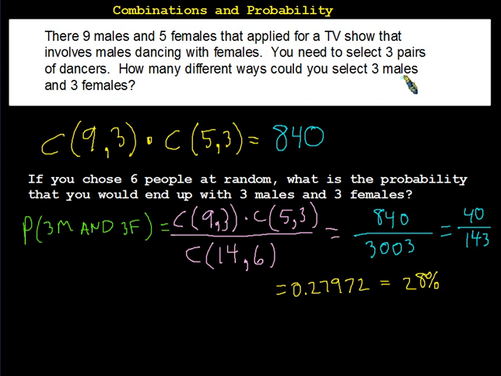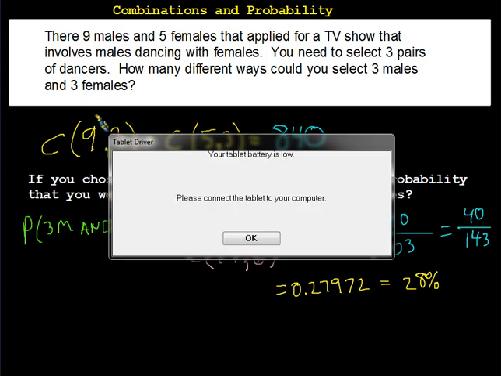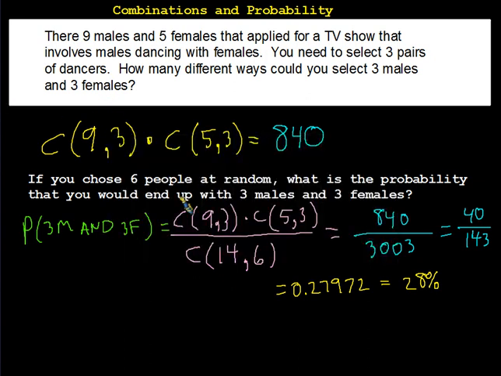If we had said 3 males then 3 females, then order would be very important. Anyways, again, just to repeat, if we were concerned about 3 males and then 3 females, then order would be important, and we would end up using P's instead of C's, permutations instead of combinations. So in this case, since we're just choosing and we don't care what order, we'll use combinations.